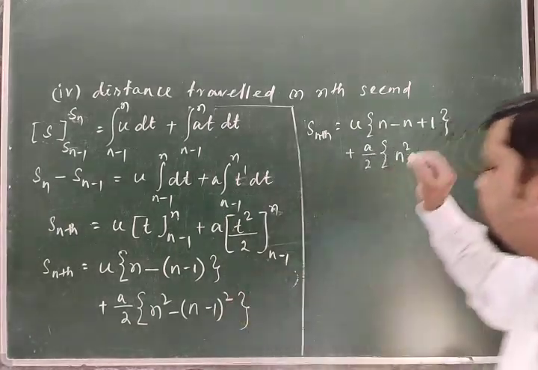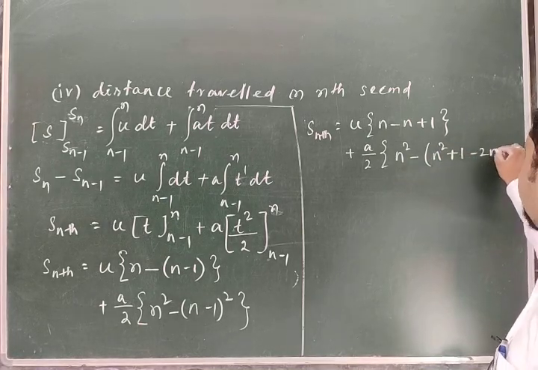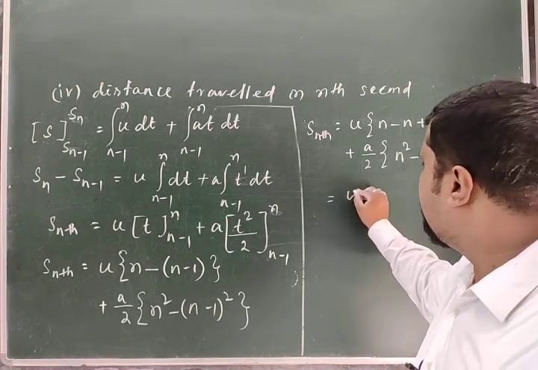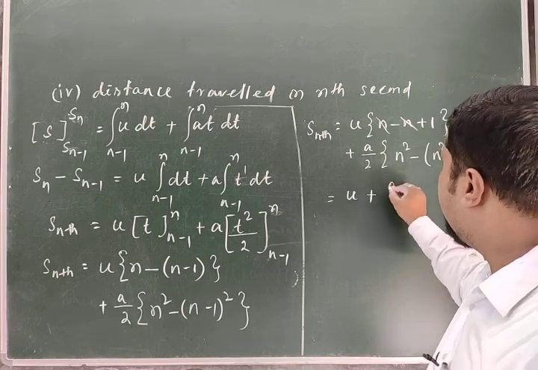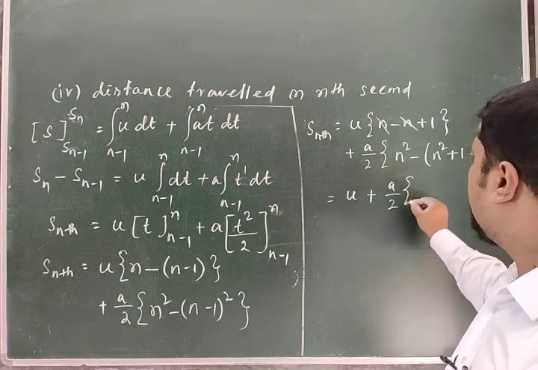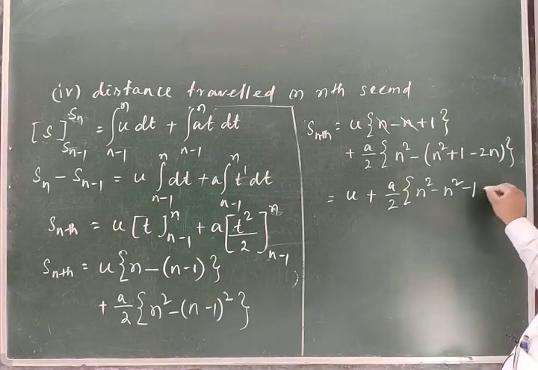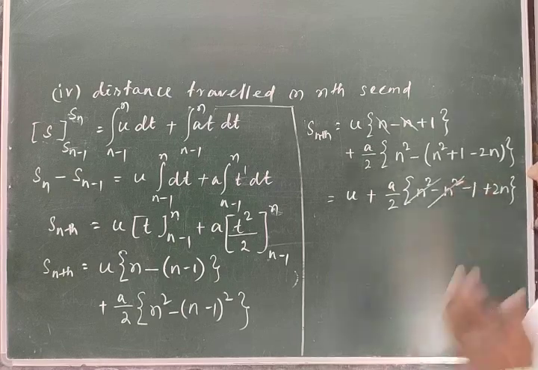Recall (a-b) whole square is a squared plus b squared minus 2ab, right? Then this is equal to u plus, n minus n cancel, u plus a by 2 times n squared minus n squared plus 2n minus 1, n squared minus n squared cancel.